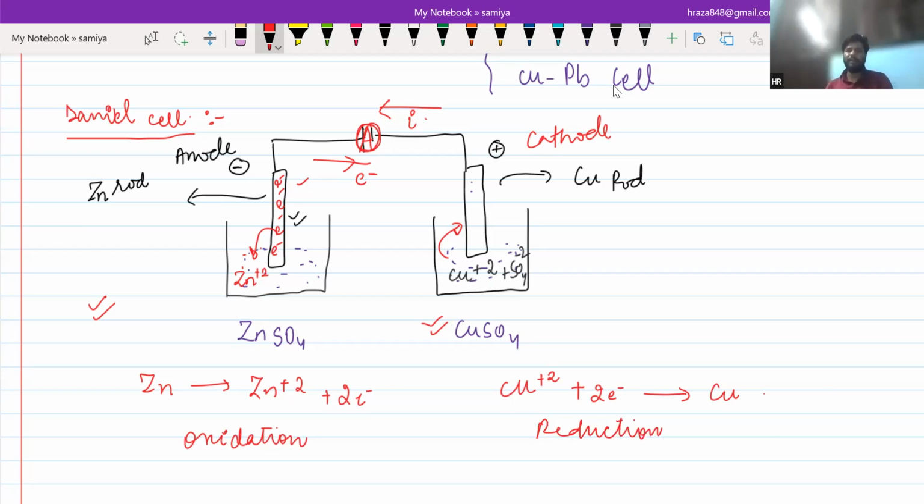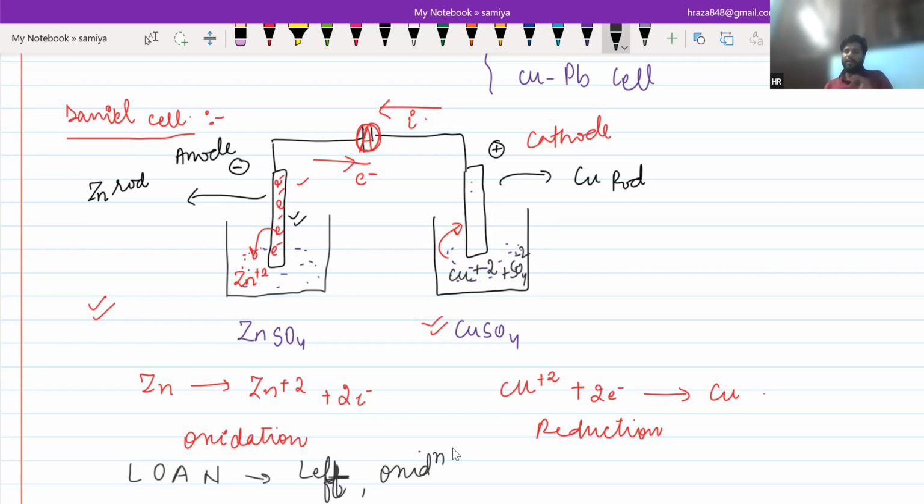We can easily learn it through a mnemonic, LONE. Always remember LONE. L stands for left, O stands for oxidation.